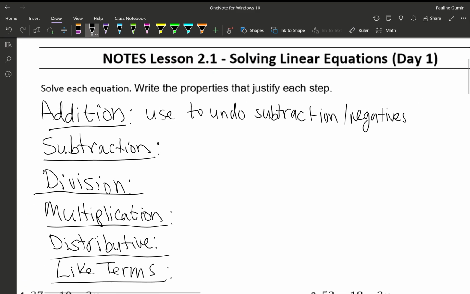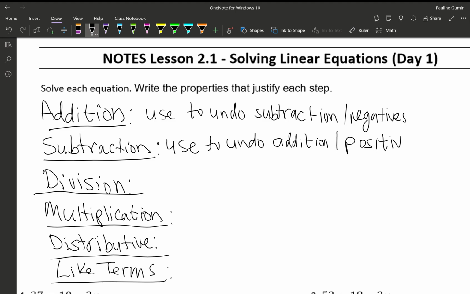We use the subtraction property to undo addition/positives, because those things are interchangeable.